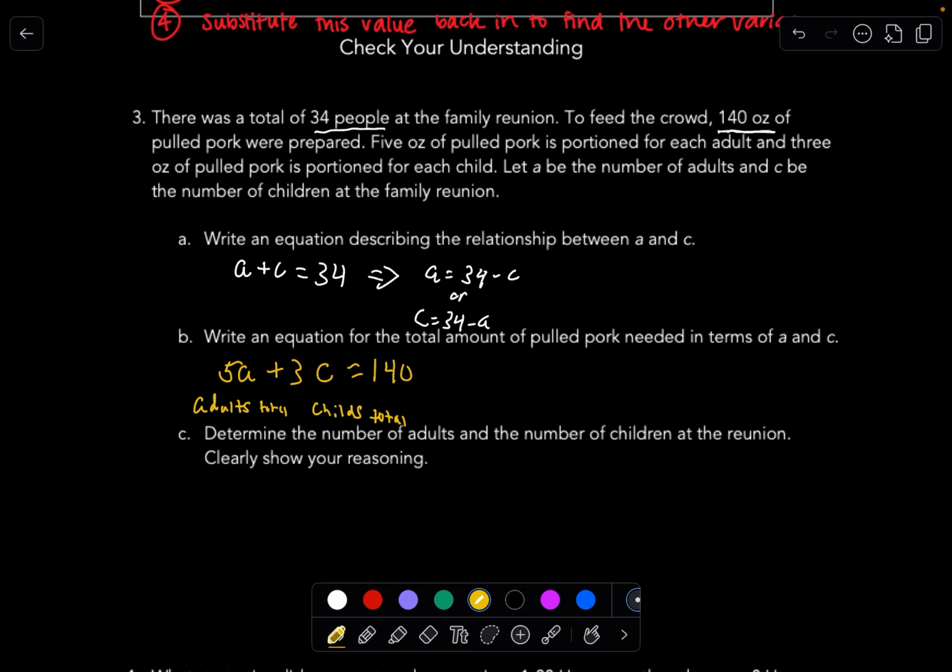Add them together, and that's got to equal the 140 ounces of pulled pork you used. All right, so now we have a second equation with two unknowns.